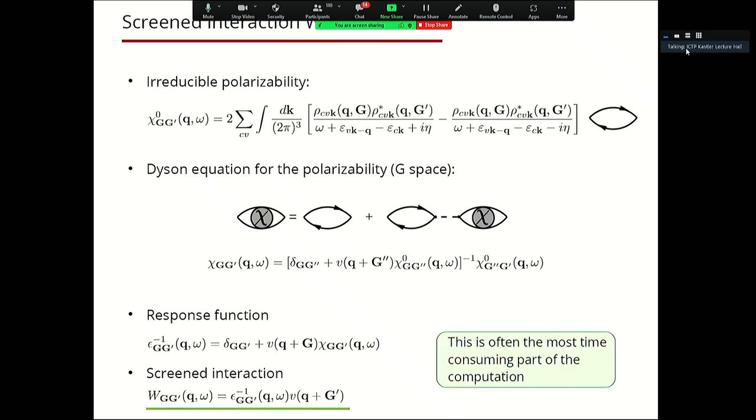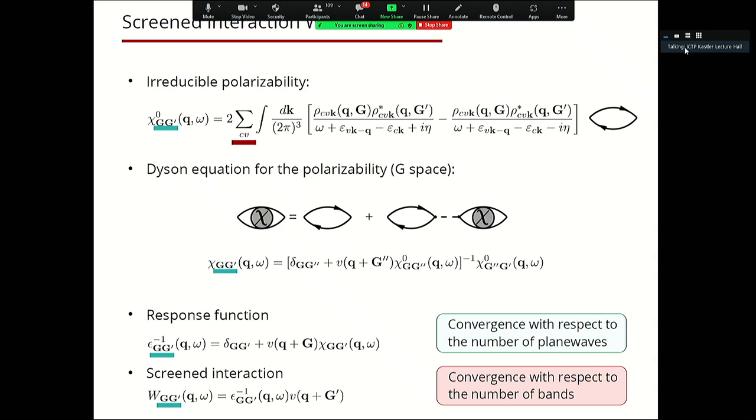It's important to note here that the calculation of the screening is often the most time-consuming part of the computation, and this is mainly because of the computation of the reducible polarizability, which requires an integral over the Brillouin zone, a sum over unoccupied states, and this for each G' matrix element. Then we need also a matrix inversion, and all of this for each momentum transfer and for each frequency we want to compute the screened interaction. So it's a lot of computation.